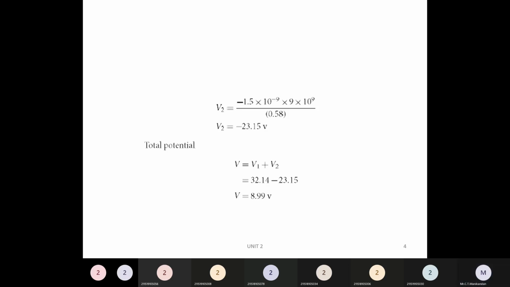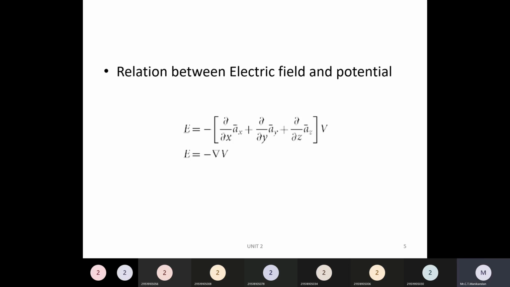Then this is one of the basic relations between electric field and potential: E equal to minus del V. You can read this equation as a statement: the electric field is the negative gradient of potential.